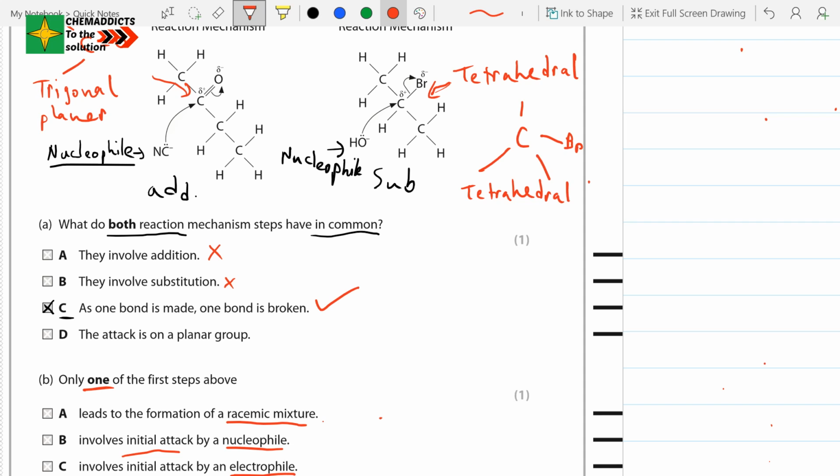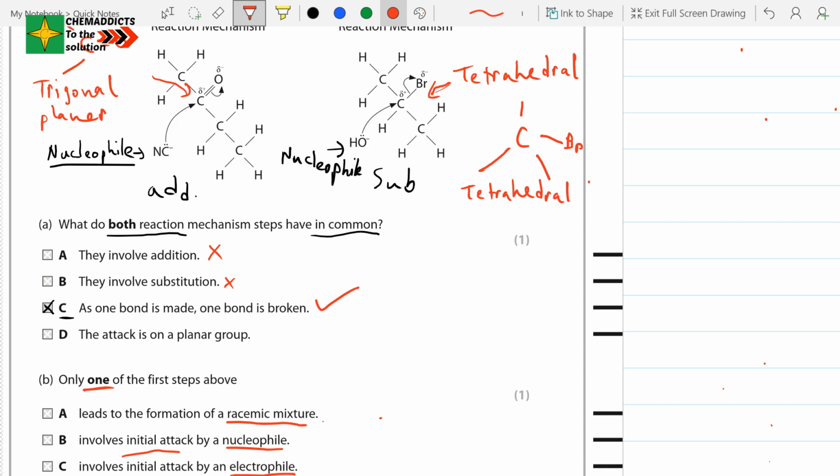As we can see, this carbon atom is initially bonded to 4 different groups: a bromine group on this side, a methyl group on this side, another methyl group on this side, and a hydrogen attached to this delta plus carbon atom.